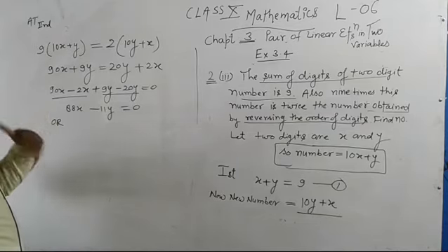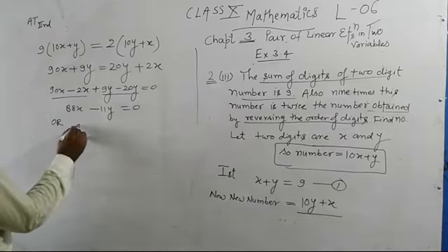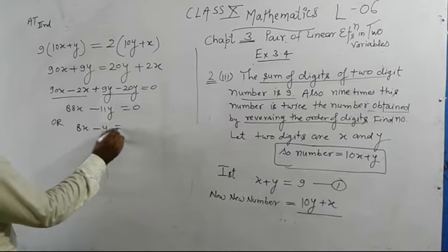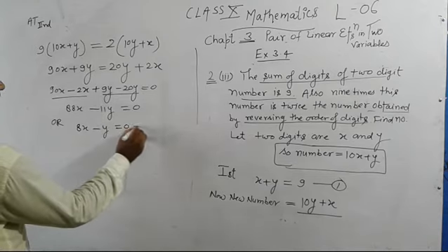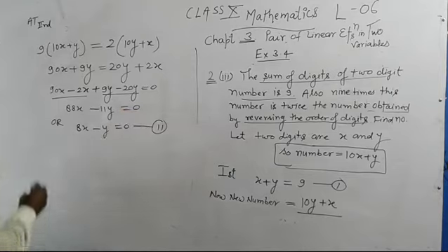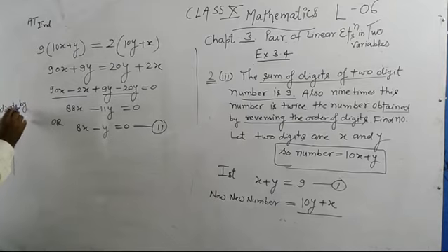This equation may be divided by 11, we can write here 8x minus y is equal to 0. So this is the second equation. Here remember, we have divided by 11 both sides.